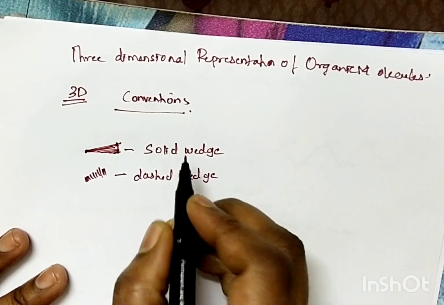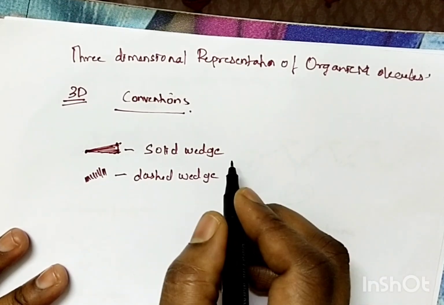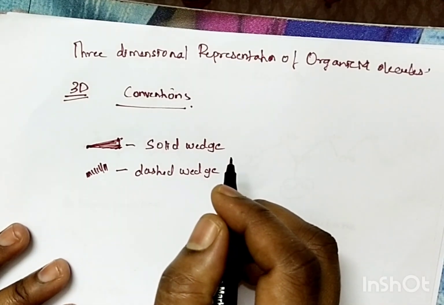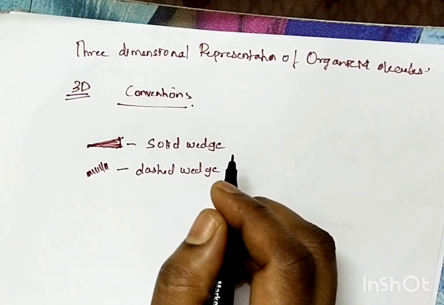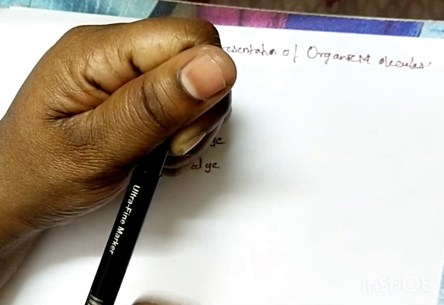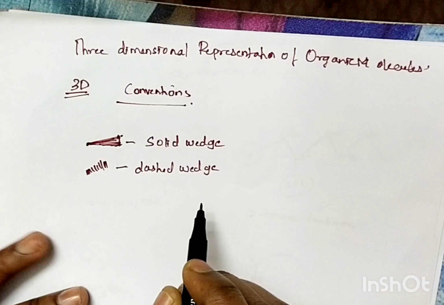They depict that the solid wedge tells us the bond is projecting out of the plane of the paper. That means, let us assume a carbon atom is present and the bond is towards us, towards the observer. So it is out of the plane of the paper.